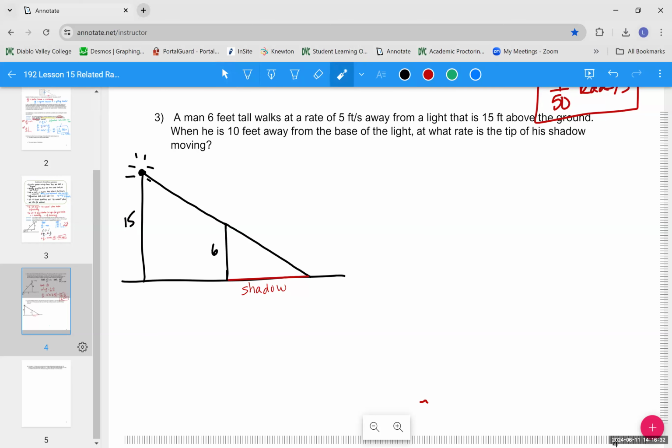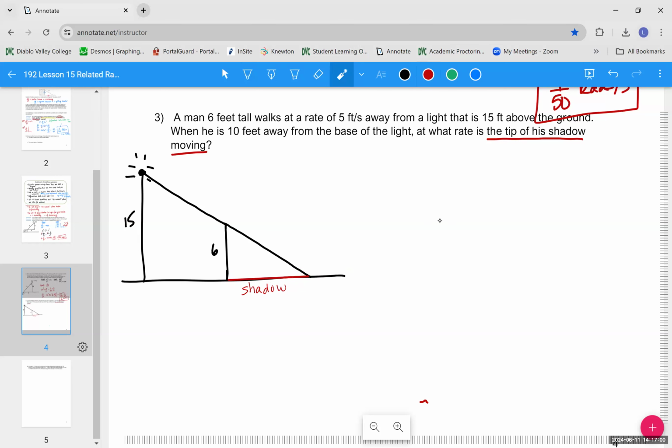Sometimes people want to label the shadow as one variable, like an X or a Y, and this distance from the man to the light as an X or a Y. But I have to take into account what I'm being asked. The tip of the shadow moving means this point right here, not the length of this whole thing.